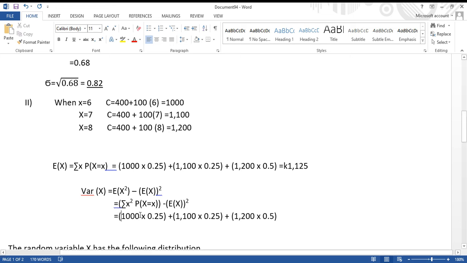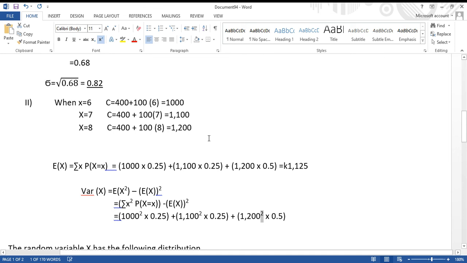We'll have 1000 squared times 0.25, plus 1100 squared times 0.25, then 1200 squared times 0.5.